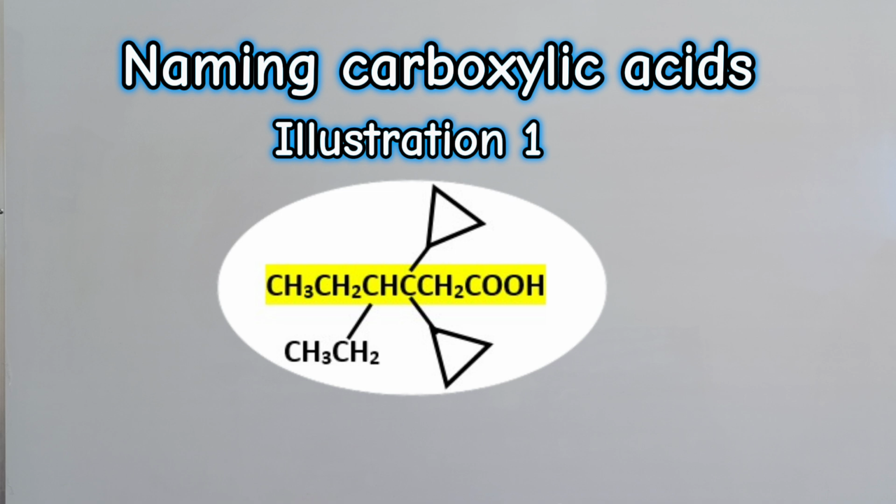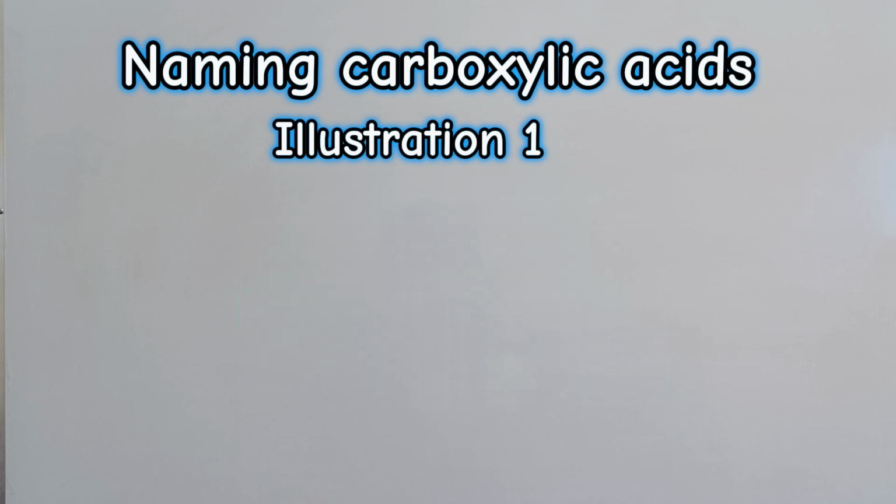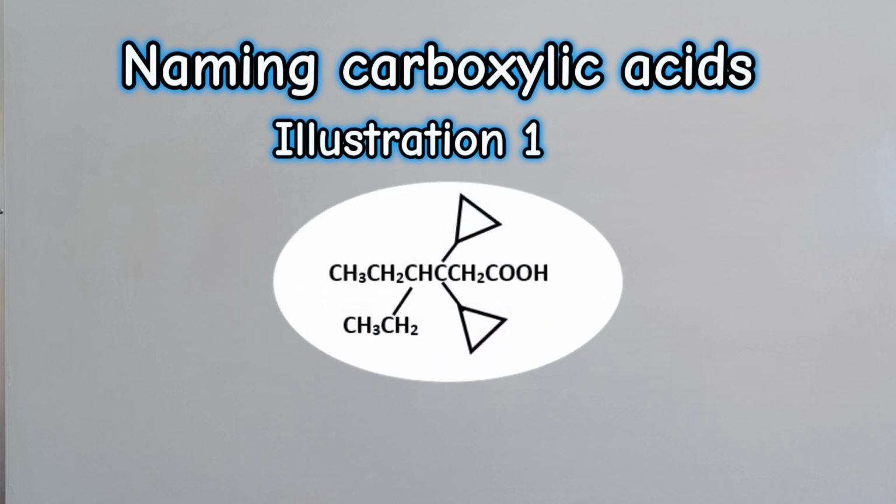And this implies that our parent name for the compound is going to be hexanoic acid. The second guideline directs us to number carbon atoms on the parent chain by starting from the carboxyl group. Now, this one has been done as displayed there.